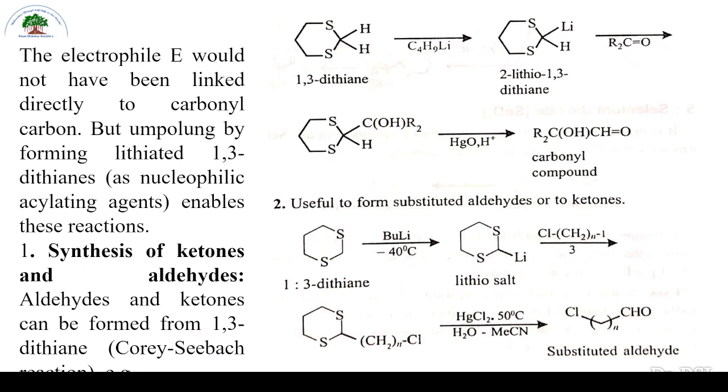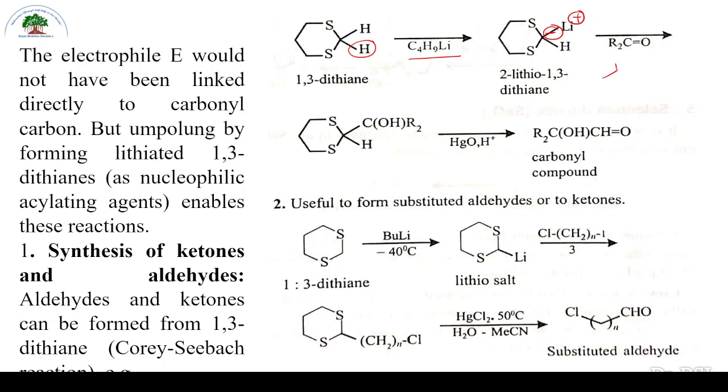Here, synthesis of ketone and aldehyde is an important use of 1,3-dithiane. When 1,3-dithiane reacts with butyl lithium, it can abstract one of the hydrogens from these two hydrogens. Here the carbon will be negatively charged and lithium will be positively charged. It can be named 2-lithio-1,3-dithiane.